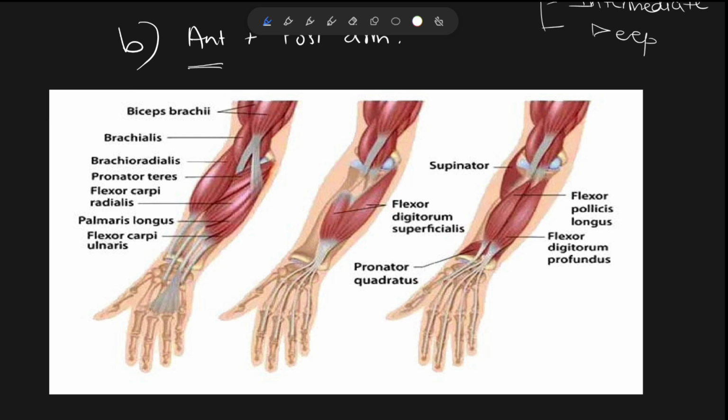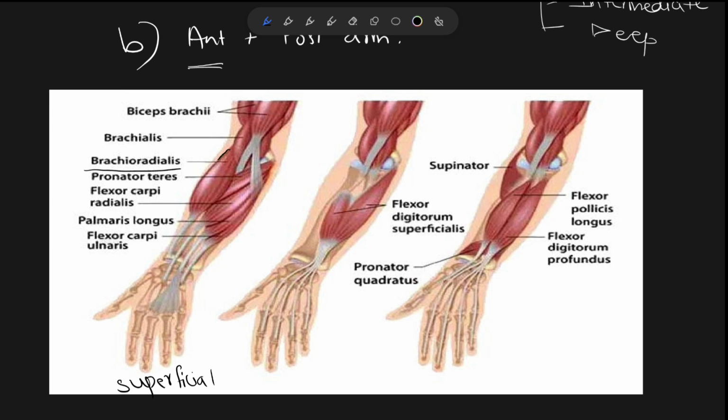So let's see how our superficial muscles look in our forearm. First of all, the brachioradialis muscle.